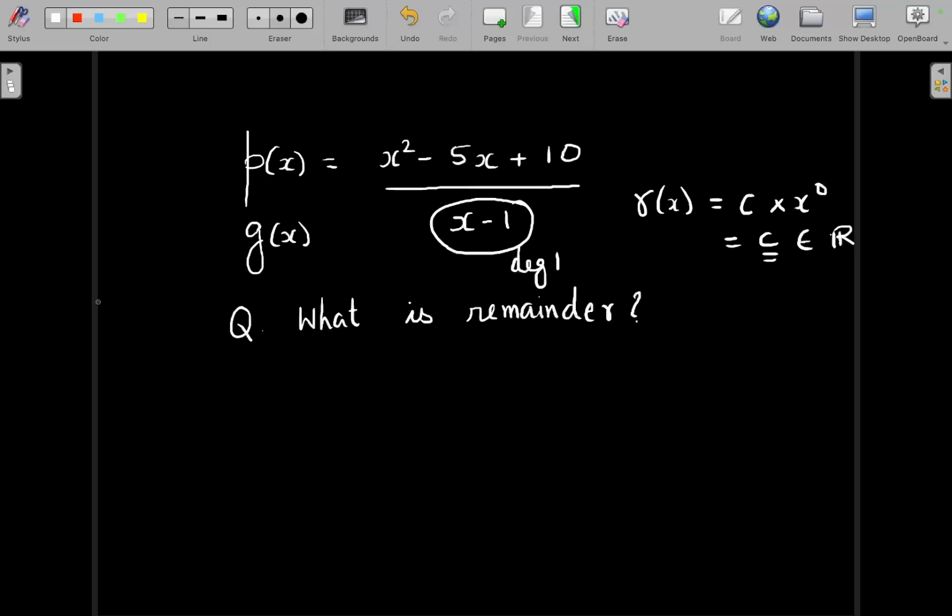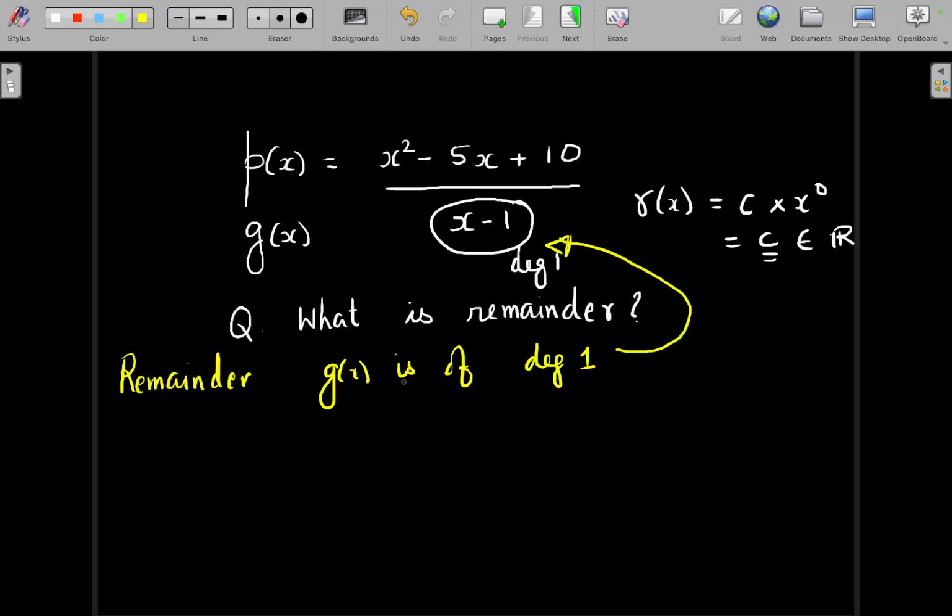And basically, what the remainder theorem says is that it is very, very easy in this case to find the remainder if the divisor is of degree 1, as it is in this case.